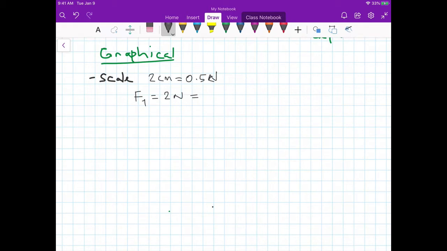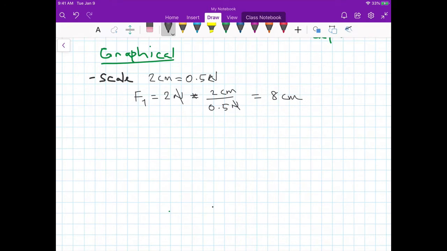For every 0.5 Newton we get 2 centimeter, so to put it on a graph, you cancel this by this, and 4 divided by this is going to be 8 centimeter.